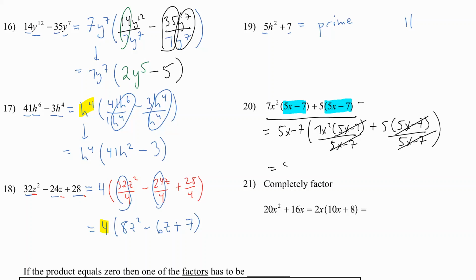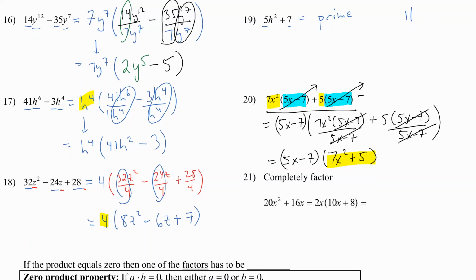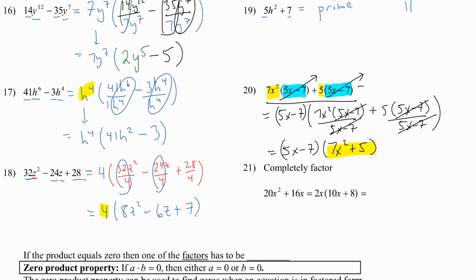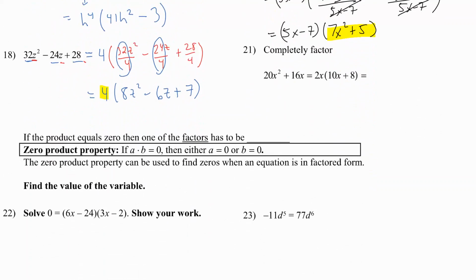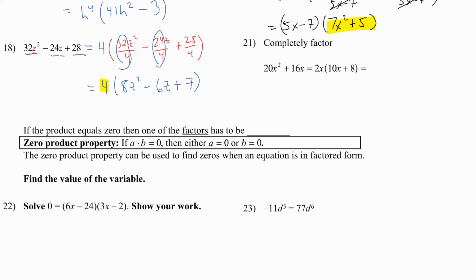And so what we're left with, I should put parentheses around that first one, is 7x squared plus 5. Okay, so you could almost see that those blue parts are being removed, and what's left over right here is just these parts. All right, so that one's not that big of a deal, except it's an introduction to factor by grouping, which we'll do later. All right, number 21.